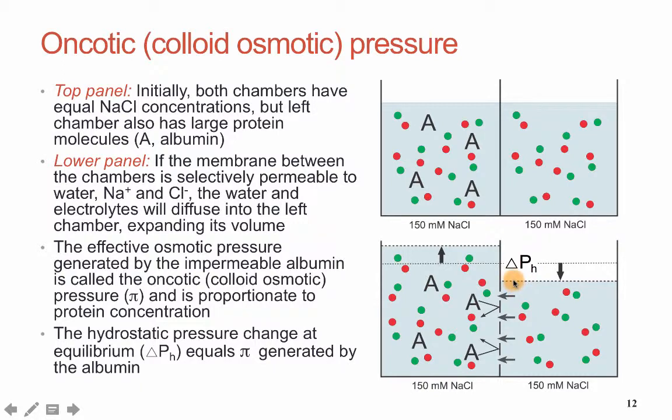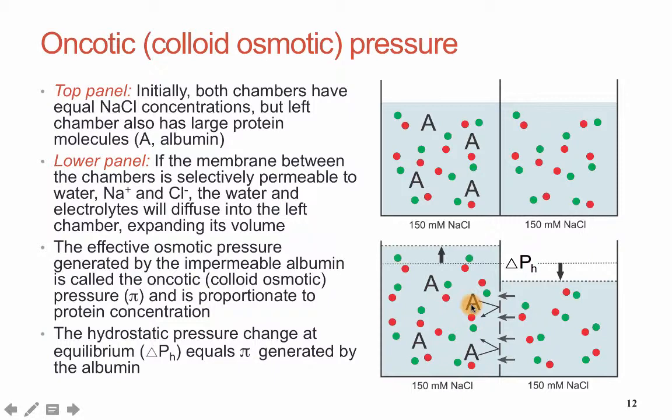At that point of equilibrium, this hydrostatic pressure difference between these two chambers is equal to the osmotic pressure that is generated by the albumin. And because this osmotic pressure generated by the albumin is related to this large protein, we call that an oncotic pressure or a colloid osmotic pressure.